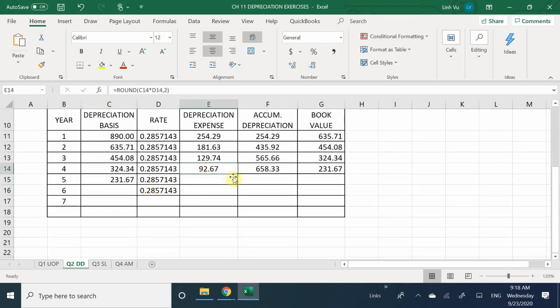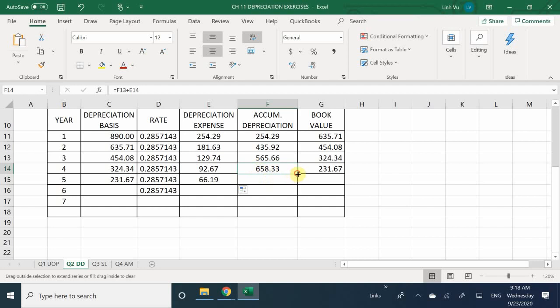So what's my depreciation expense for year 5? $66.19. As you can see, it's just shrinking and shrinking. All right.